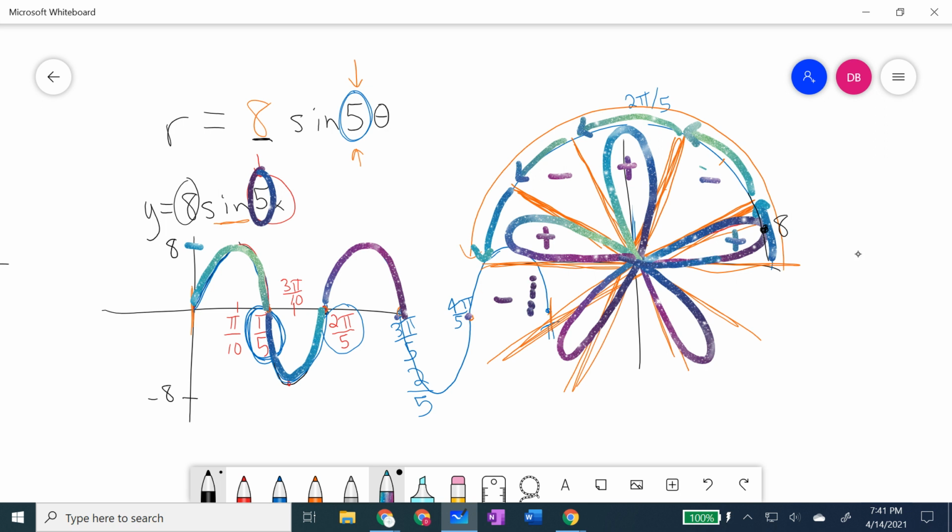This region is going to graph over here, even though that's already drawn. So one thing you want to know about rose curves is if the number theta is multiplying by is odd, the rose petals only occur in every other section.